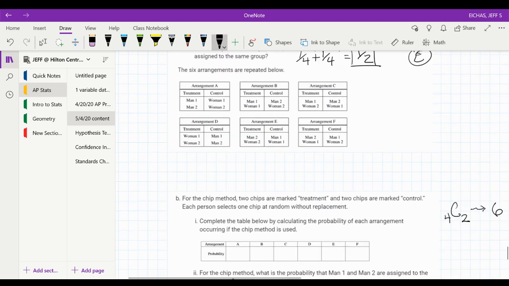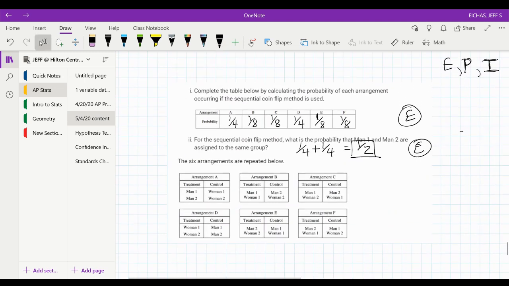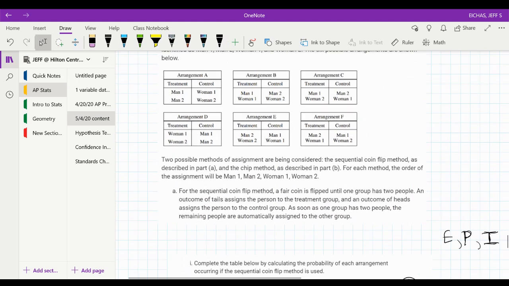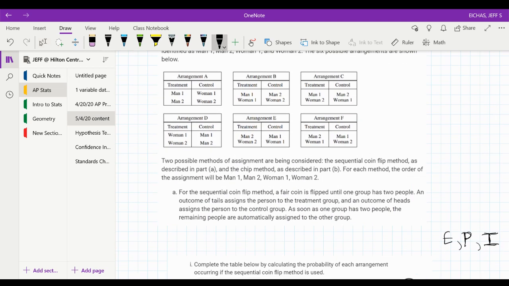What you see up here is each of these outcomes is not equal. So this did not fairly distribute that, and in fact it favored something we really didn't want. We don't want both men in the treatment group if they have some common characteristic, because that's going to make a difference.